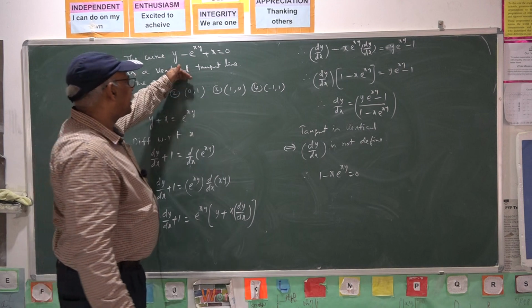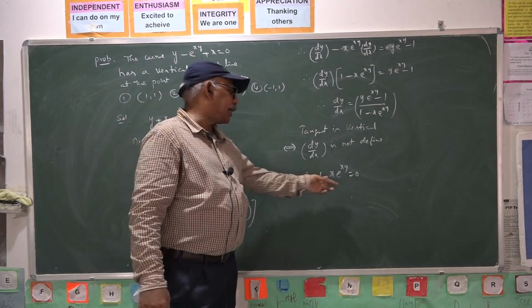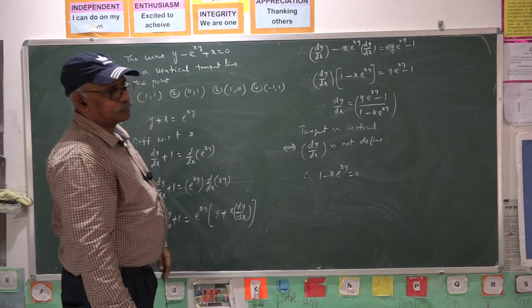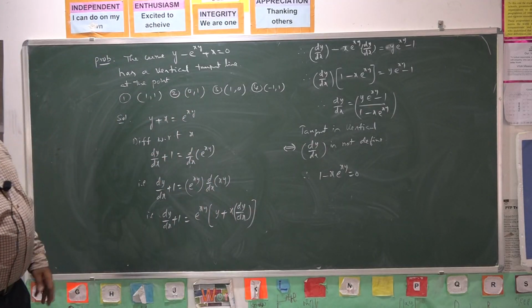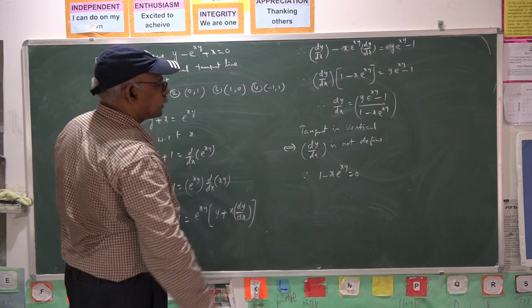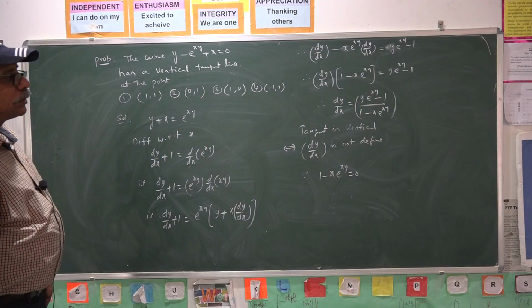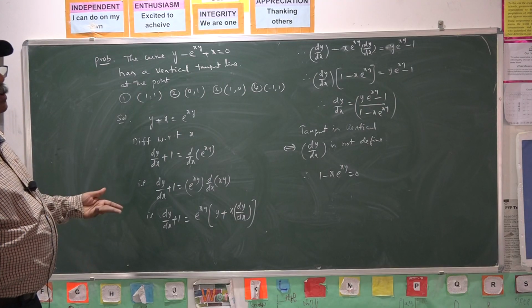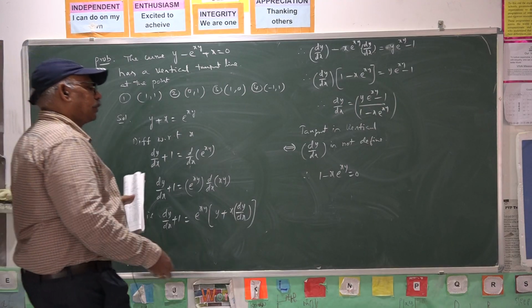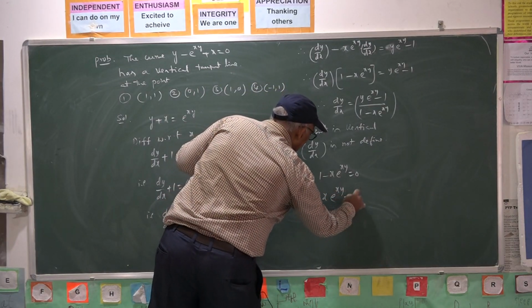Once the tangent drawn at a particular point is vertical, the point must satisfy this relation. x e power xy must be equal to 1. That is possible for y equal to 0 only. That implies x e power xy takes the value 1.